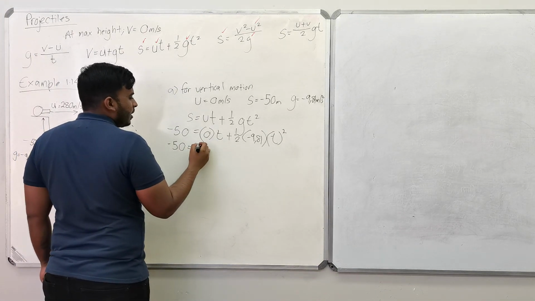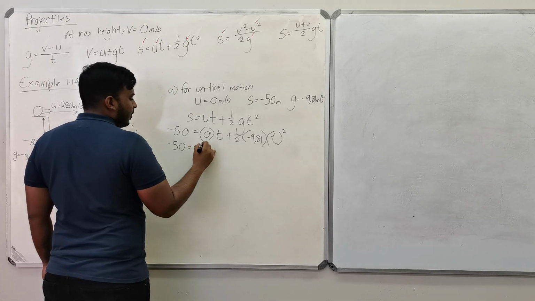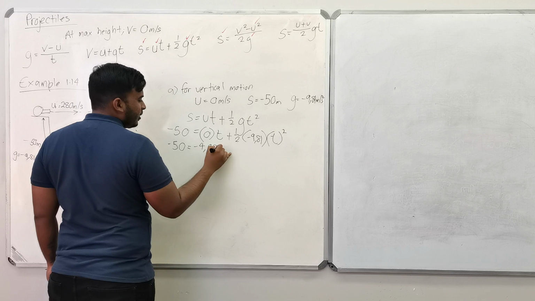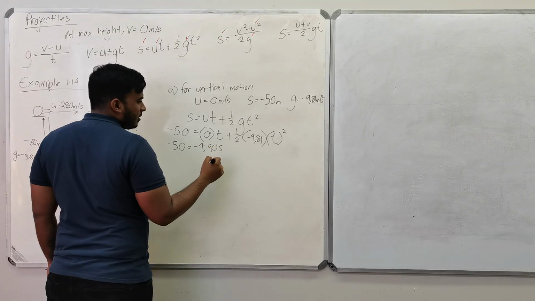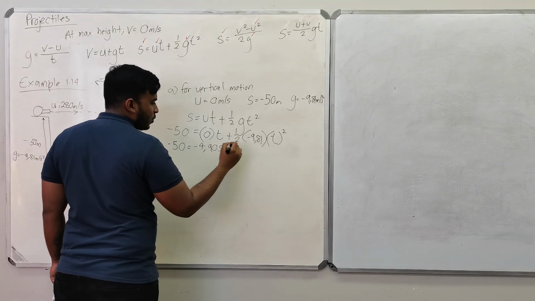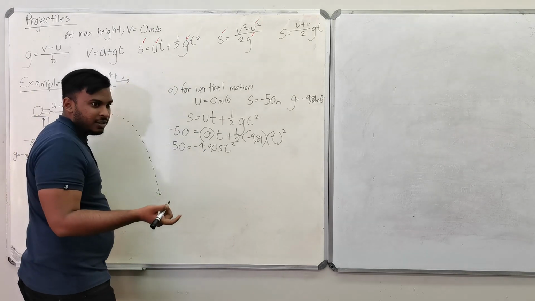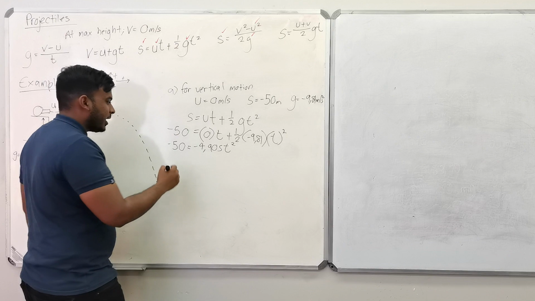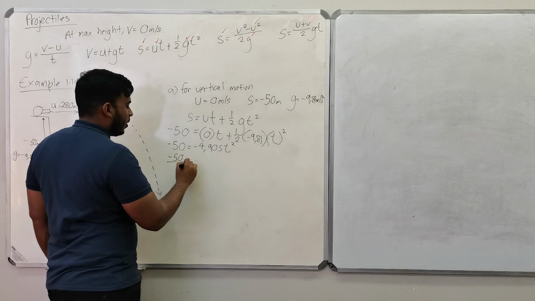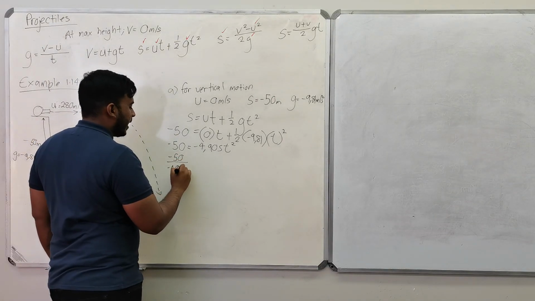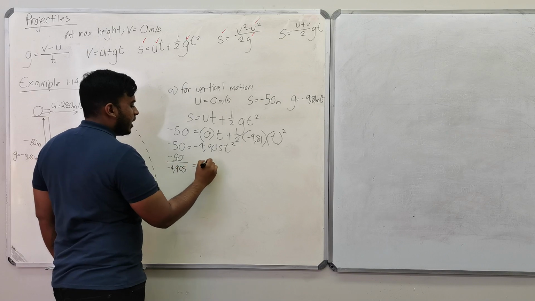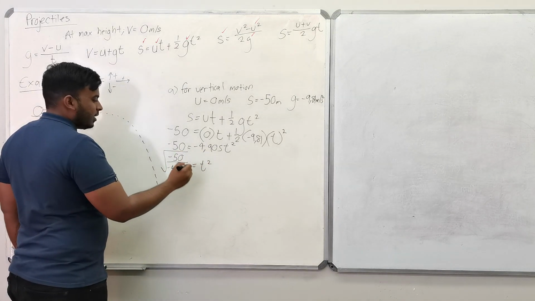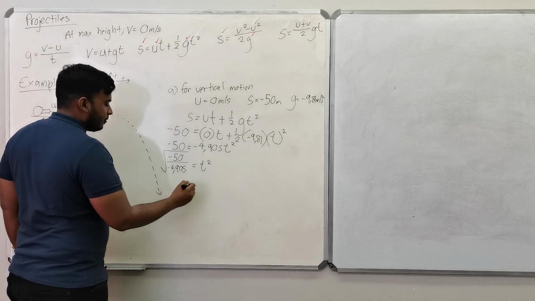This becomes minus 4.905 t squared. Then you divide by this value, making t the subject of the formula. So you end up with minus 50 over minus 4.905 equal to t squared, and then you square root this to get the value of t.